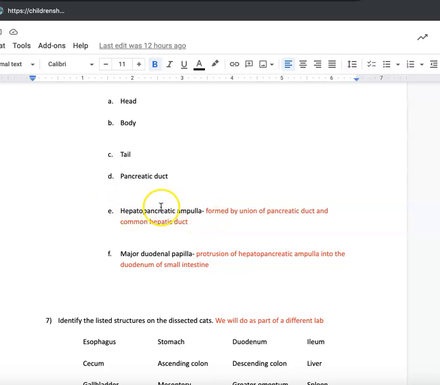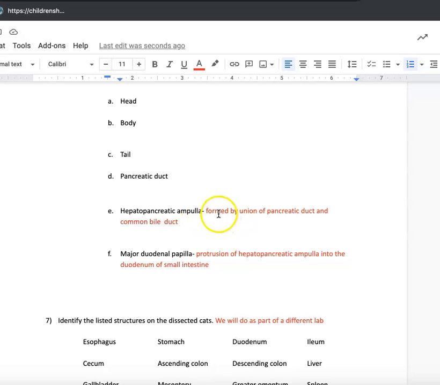Hepato, liver, pancreatic, pancreas. So what's going to happen is that the pancreatic duct coming from the pancreas, okay, and I made a mistake here, and the common bile duct, I will change it as we sit live and in person, and the common bile duct, okay, the pancreatic duct and the common bile duct will come together, and where they come together there'll be a little bulge, and that bulge is going to be the hepatopancreatic ampulla.